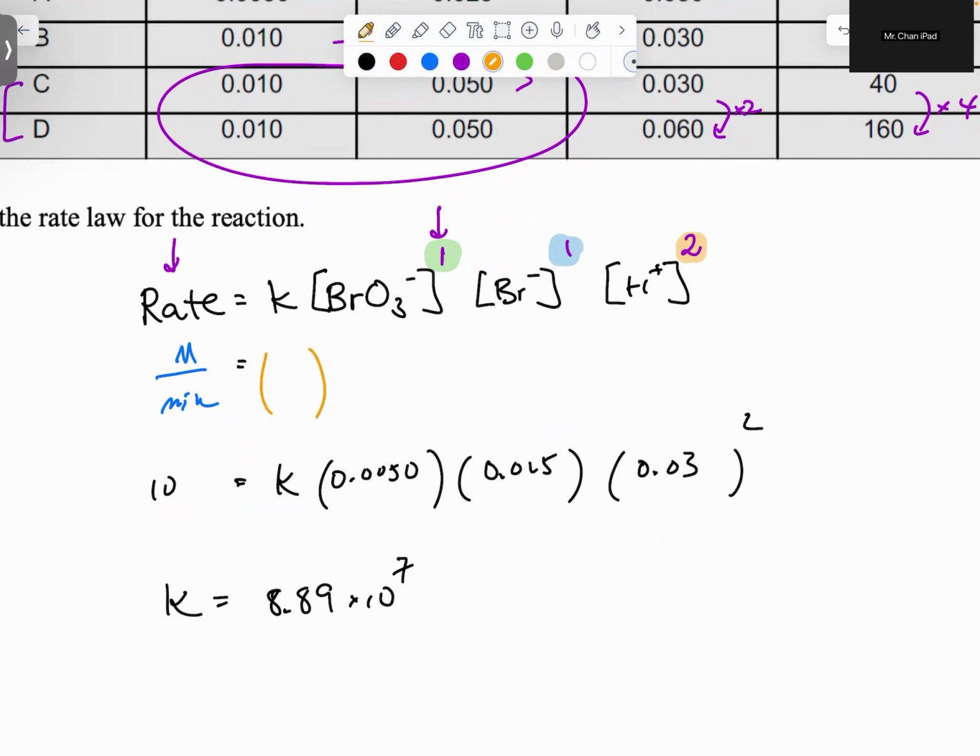Same idea. How do you create a unit for K so that it is a valid equality? 1 over what? 1 over M cubed times minute.